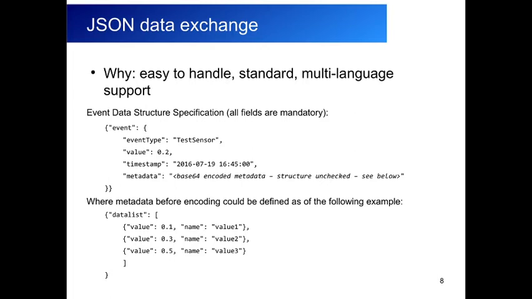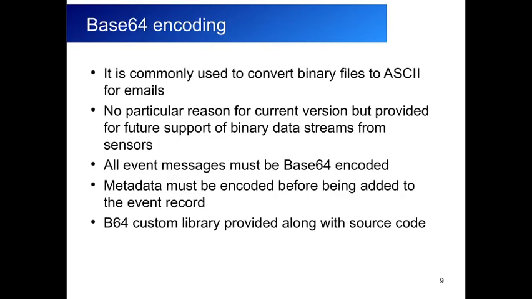Then we have the value and the timestamp, and eventually some base64 encoded metadata that can be additional data to support the value that has been calculated in some way, or that contains some useful additional data.